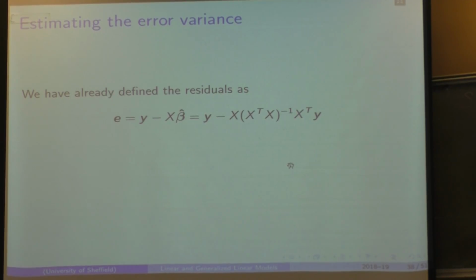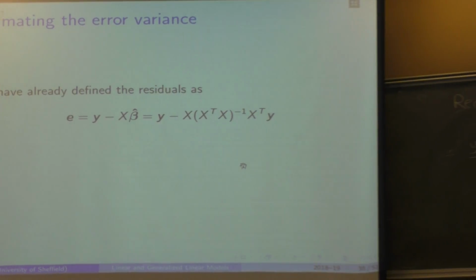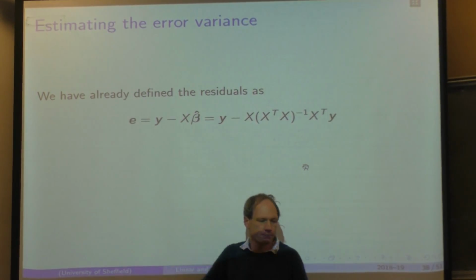We can do some more things with the residuals. The residuals, remember, are the differences between the observed values, the y's, and the fitted values, which are the X beta hats. We can put them all in a vector, which we call e.